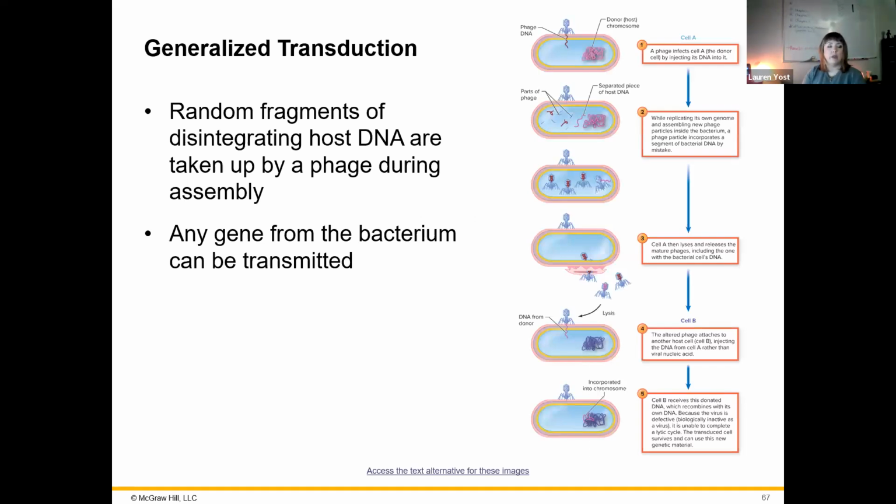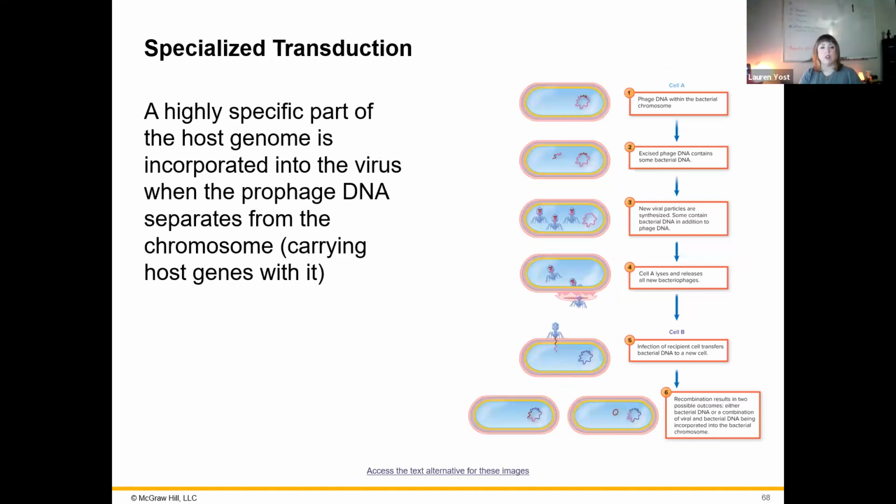In generalized, we have random fragments that'll get packaged up with the viral genome, with the viral particles. So those random pieces of DNA from the first host get packaged into the new viral particle, and then it will transfer that into the next host cell when it's infecting it. And then that can transfer genes. So that can transmit any gene from one bacteria to the next.